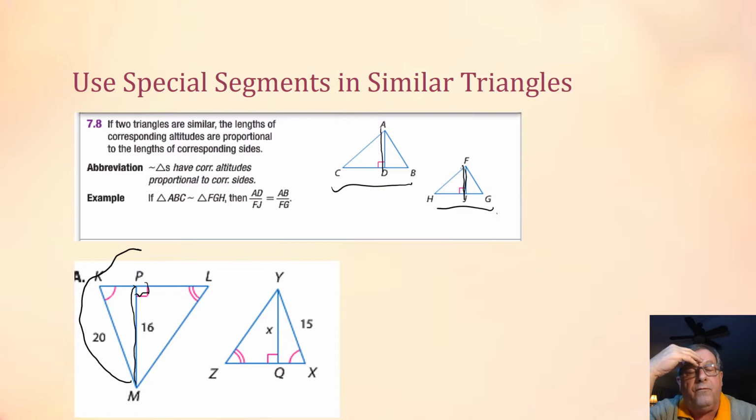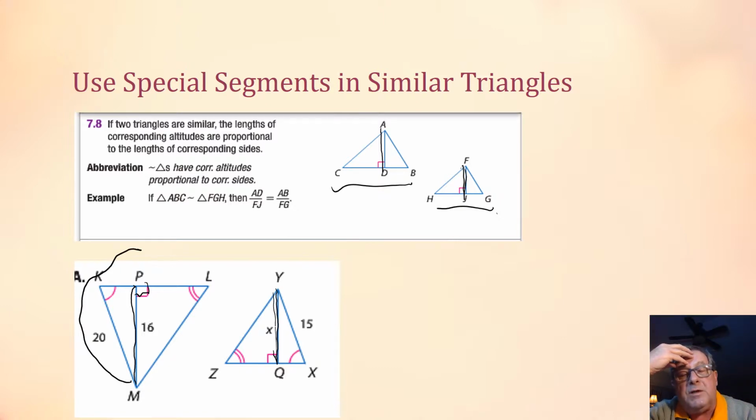It goes from the vertex M to point P, which is an intersection with KL. On the smaller triangle, we see an altitude going along YQ, from vertex Y to a point Q, which intersects XZ, or ZX.